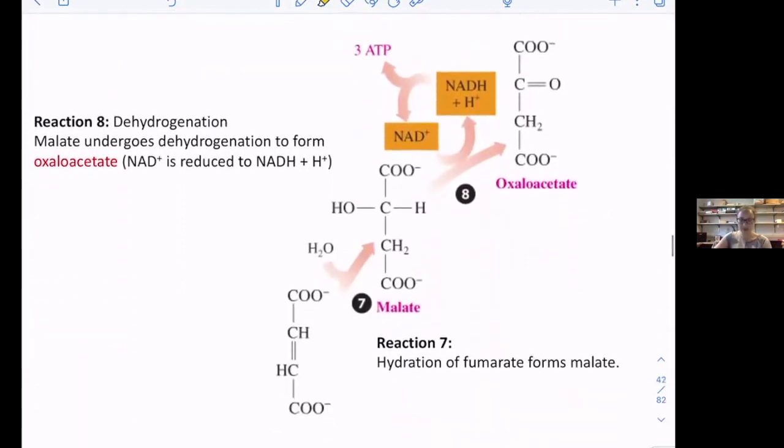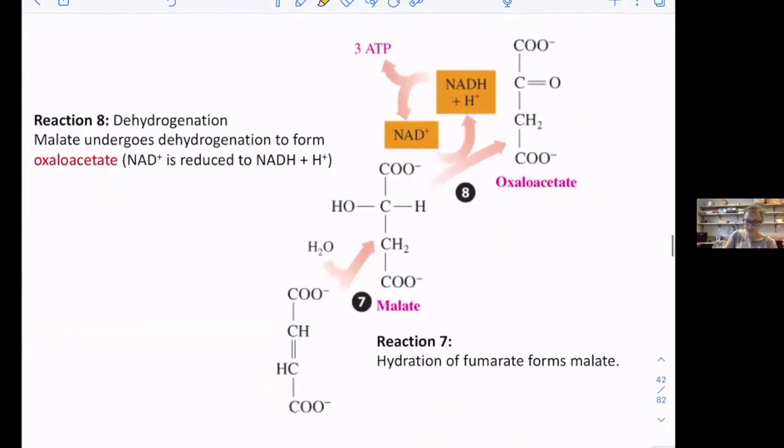And then reactions 7 and 8. Again, remember, we're starting on the bottom. So we have this molecule here with the double bond. Reaction 7 is going to be a hydration reaction of fumarate, remember, fumarate is this molecule, to form malate. So we're going to take this double bond, and we're going to add water.